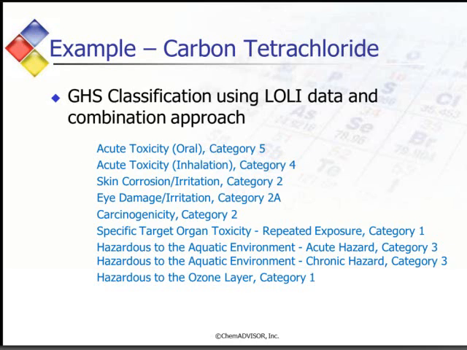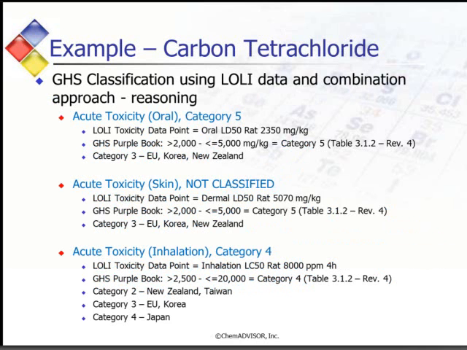The next couple slides summarize the data points from LOLI that support each individual classification. So, for example, if we look right there in the middle, acute toxicity skin, we did not classify for that endpoint. We did have data from LOLI. The LD50 was 5,070 milligrams per kilogram, which was above the classification criteria listed in the GHS Purple Book.